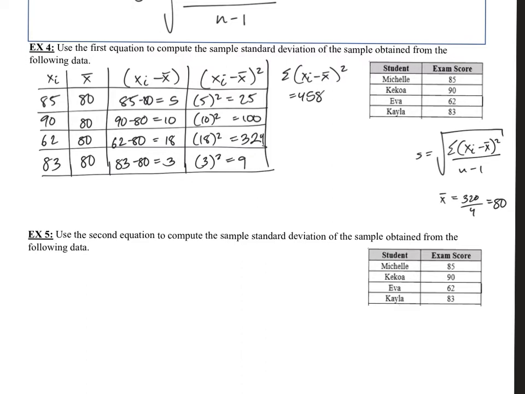Alright, so plugging into our formula, standard deviation, sample standard deviation, is going to be the square root of my sum value, which I found out here was 458, divided by my n minus 1. N is the number of observations I see, which is 1, 2, 3, 4. So 4 minus 1. That'll be the square root of 458 divided by 3, which, what would that be?